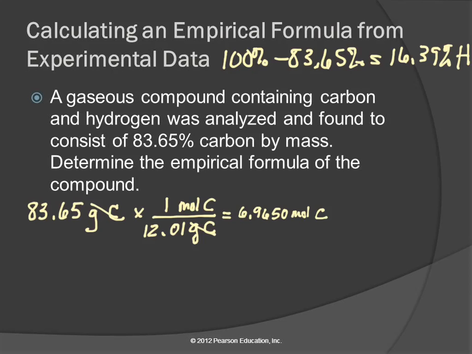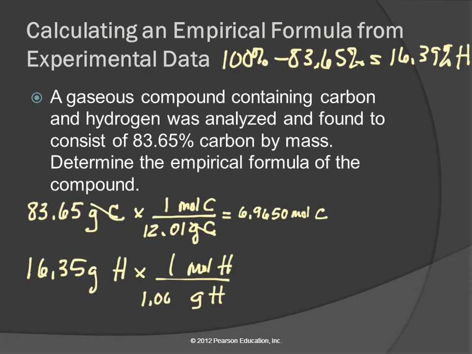So I'm going to write that down, 16.35% hydrogen. And then I'm going to erase the percent and change it into grams. It looks like magic, but it's not. And we're going to convert to moles of hydrogen. We look on the periodic table, 1.008. 16.35 divided by 1.008 equals 16.2202 moles of hydrogen.